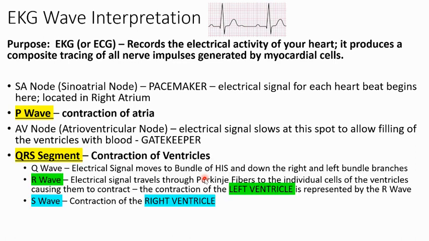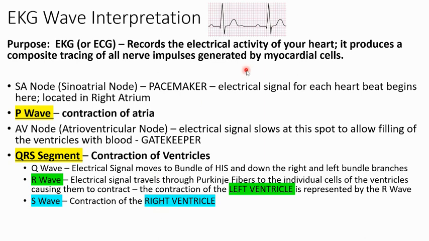So the QRS segment, this is the contraction of the ventricles. The Q wave, this is when the electrical signal moves to the bundle of His and down the right and left bundle branches. The R part is the contraction of the left ventricle, and the S wave is the contraction of the right ventricle. So while the atrium actually both do contract at the same time, there's a little bit of a delay, and we're talking milliseconds of a delay, between the left and right ventricle contracting, just a hair difference.